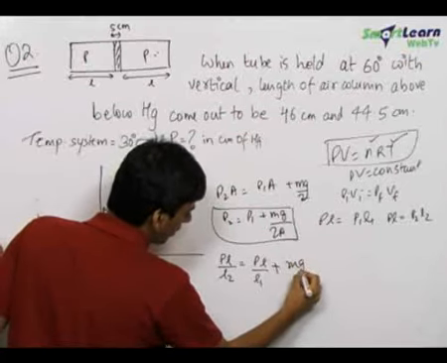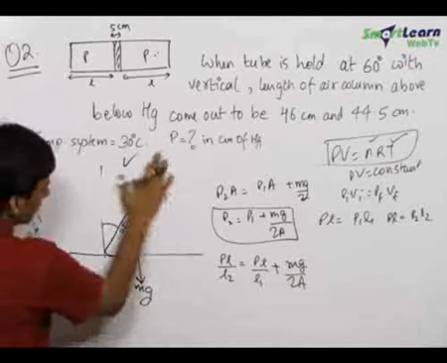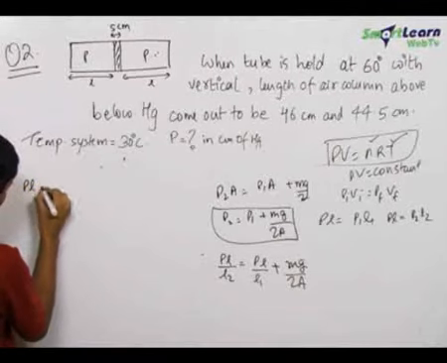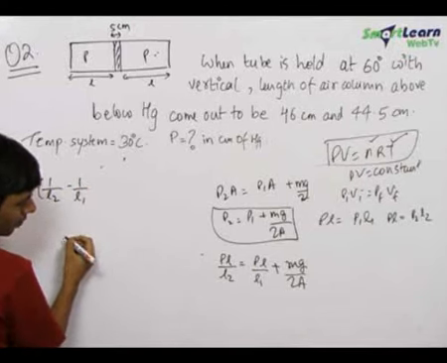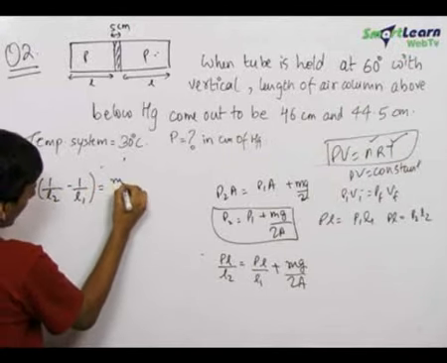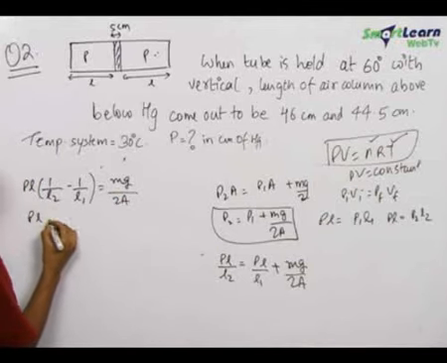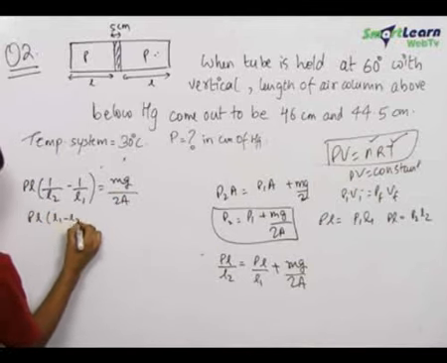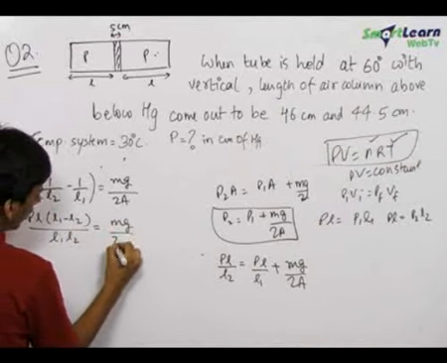Substituting into P2 equals P1 plus mg upon 2A, we can write P into L into 1 upon L2 minus 1 upon L1 is equal to mg upon 2A. Therefore, P into L into L1 minus L2 upon L1 L2 is equal to mg upon 2A.